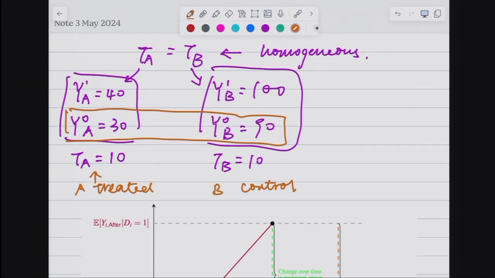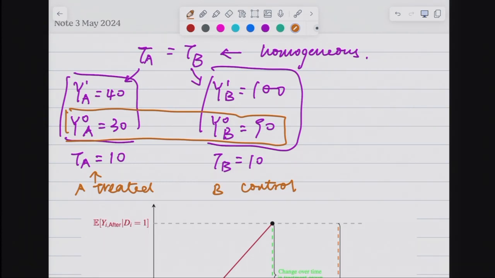We want the untreated state outcome to be the same for the treatment group and the control group, but obviously they're different here, although the treatment effect is the same for them. So even if we have homogeneous treatment effect, that does not ensure no selection bias. Homogeneous treatment effect only ensures ATT is the same as ATC, which makes them equivalent to ATE. So this is a false statement.